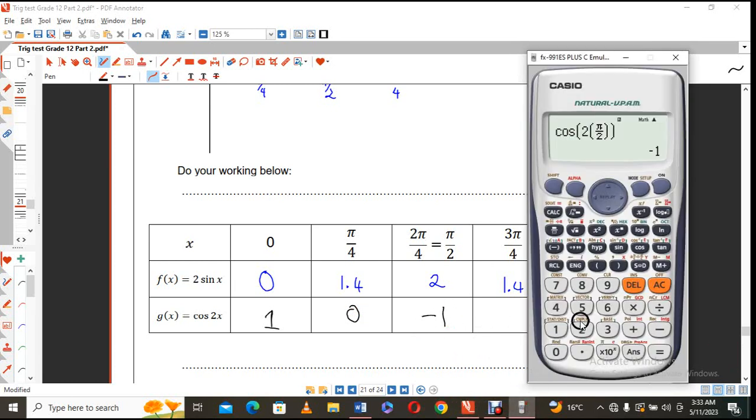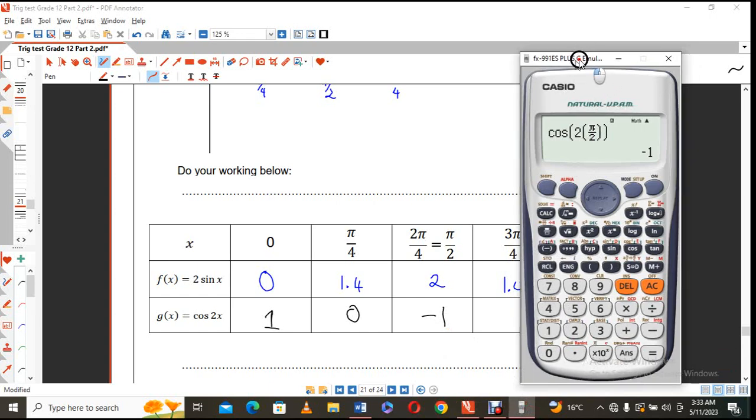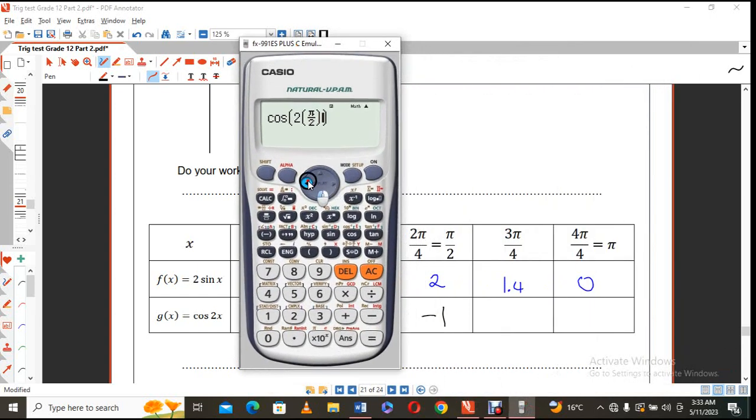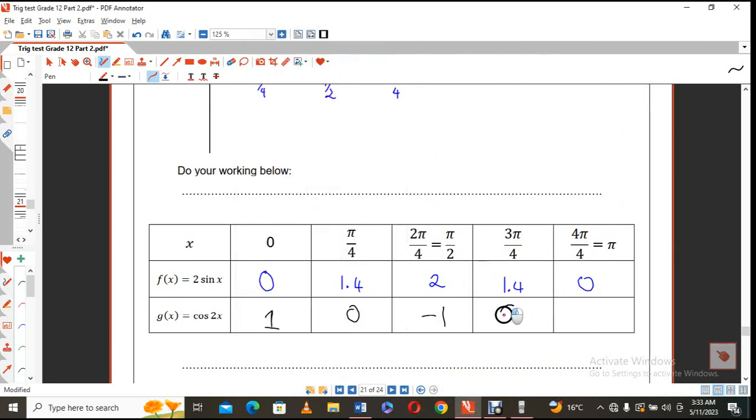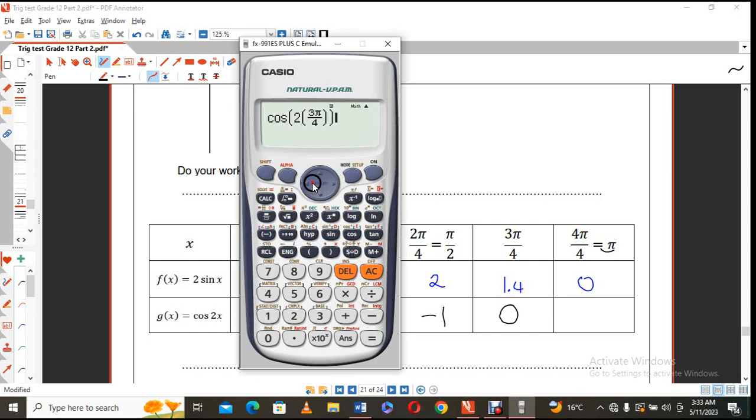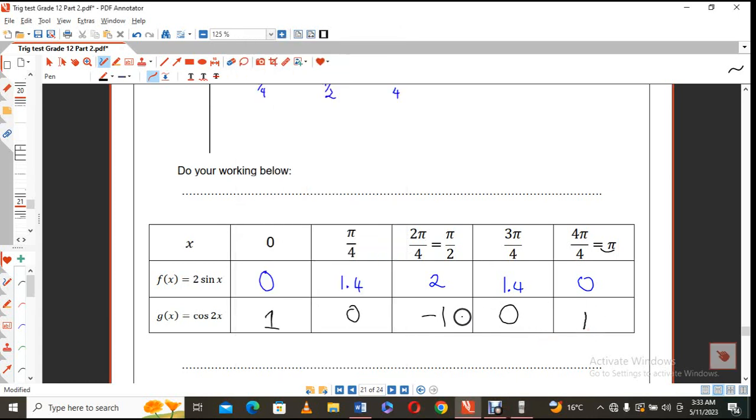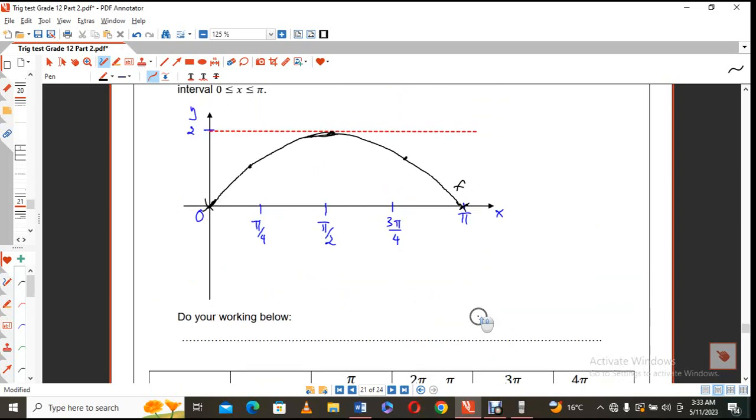Okay, and if I put 3 pi over 4, then that would be a 4 now, and that will be a 3. Okay, I get 0. And of course if I put in pi, let's see, if we put the value of pi over here, I get 1. Right, so these are obviously showing you that the graph is oscillating between 1 and -1.